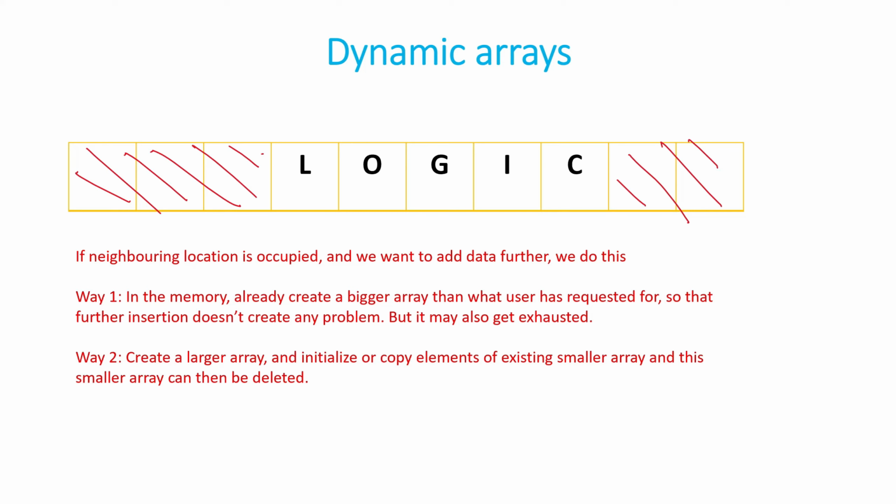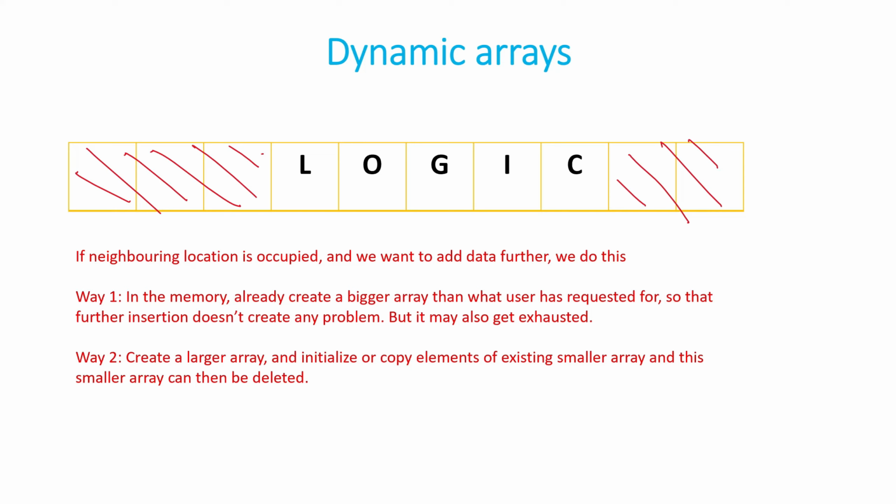The second approach is, if you don't have enough space after that, create a larger array. As soon as you are running out of space, create a larger array and copy the elements of your existing small array, and then this small array can be deleted.